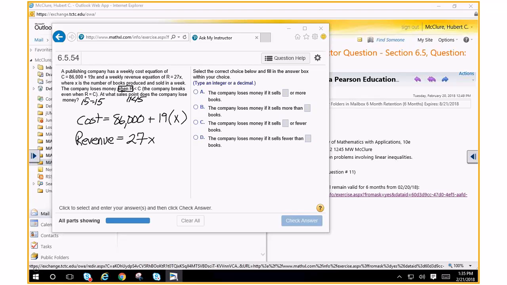So 86,000 plus 19x is equal to what? And that comes from right here. Because now you're finding out that you can charge $14, or you can charge $16. You're trying to find the break even. You're finding the $15 is what you're doing.